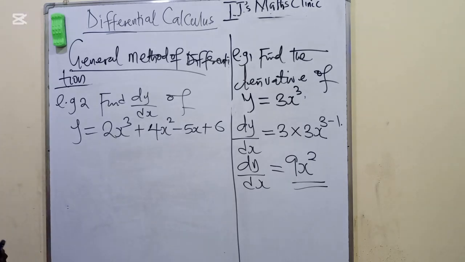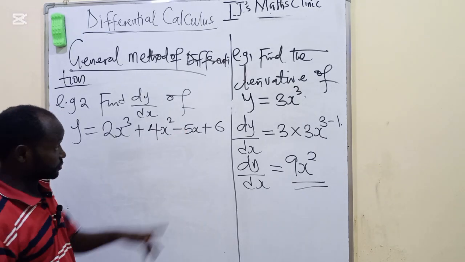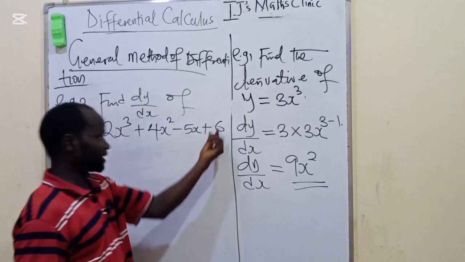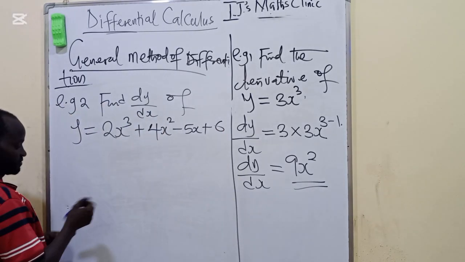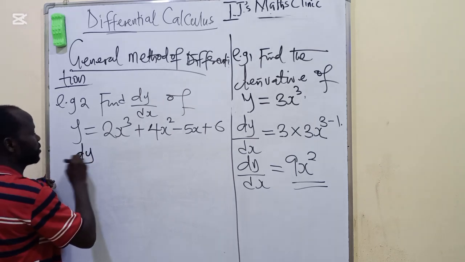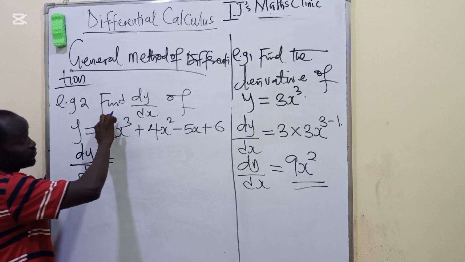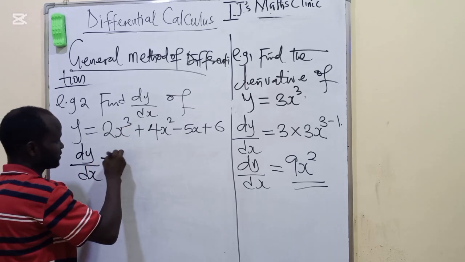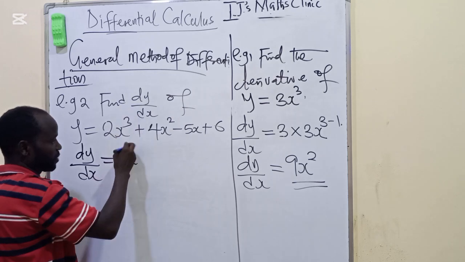We are asked to find the derivative of this cubic function. Under rules of differentiation, the derivative of a constant is 0, like the derivative of this 6 is 0. So let's apply the general method. Very important. Changing y with respect to x will be, this 3 will drop down to multiply this 2. 3 times 2 is 6. The power, of course, will reduce by 1. Reduce 3 by 1, we have 2.